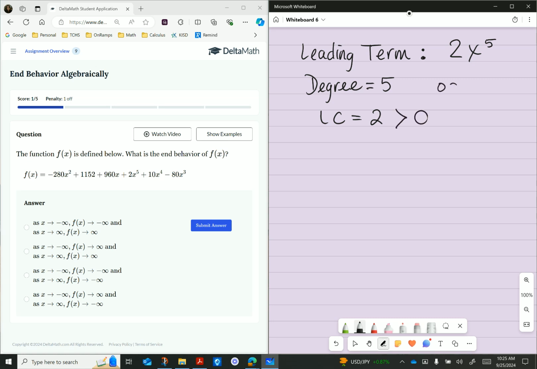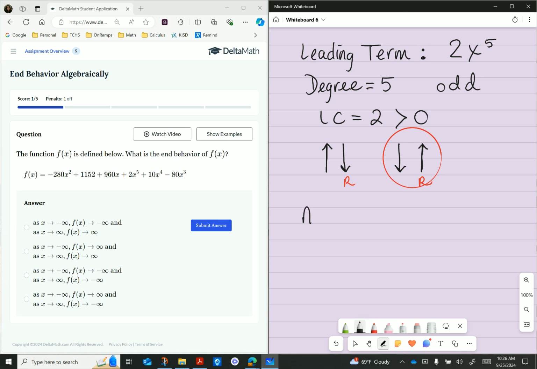Because it is odd, I know my options are up or down, and then down or up, because that's odd. Opposite pointing. But because my LC is bigger than 0, I want the right arrow to be pointing upwards. So this is my answer. Now I'm going to describe this.